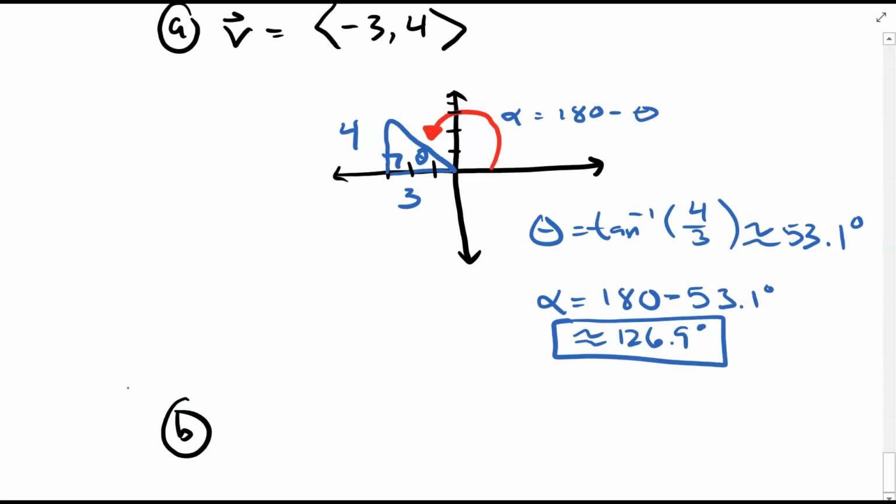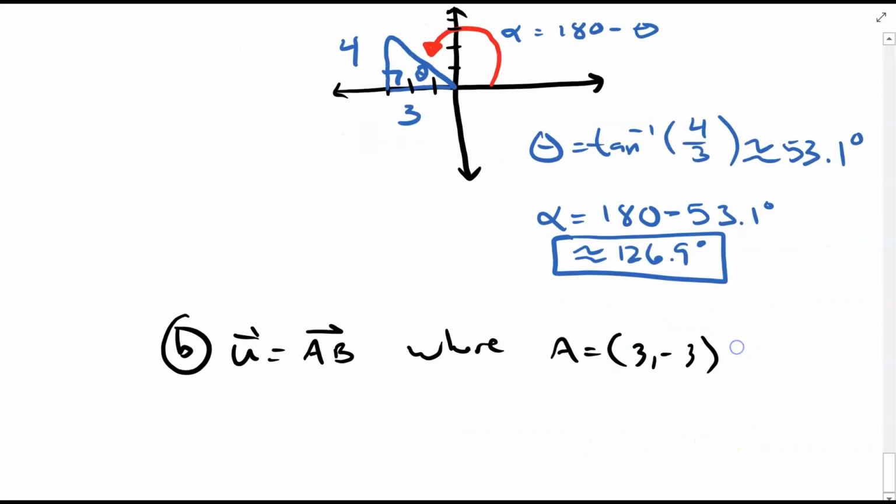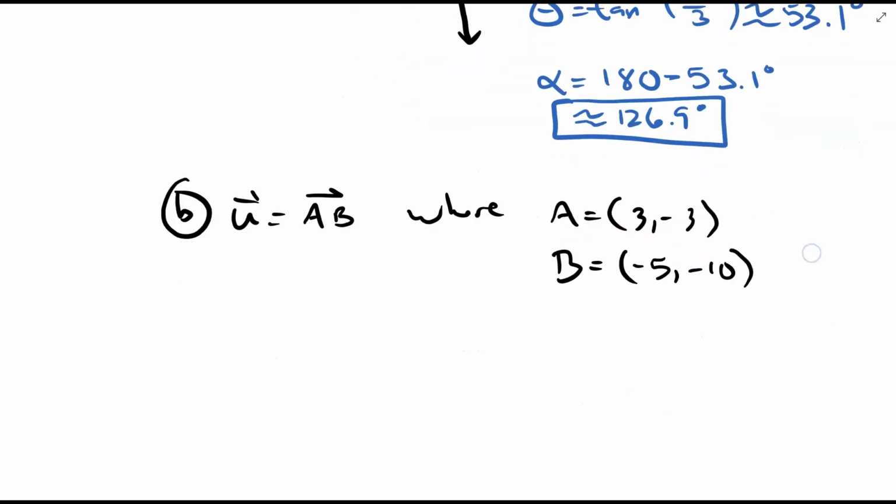What would happen if, instead of giving you the vector in component form, we give you the initial and terminal points for the vector? Well, what I would do is start by putting this into component form, and then I'll do it exactly like I did the previous problem.